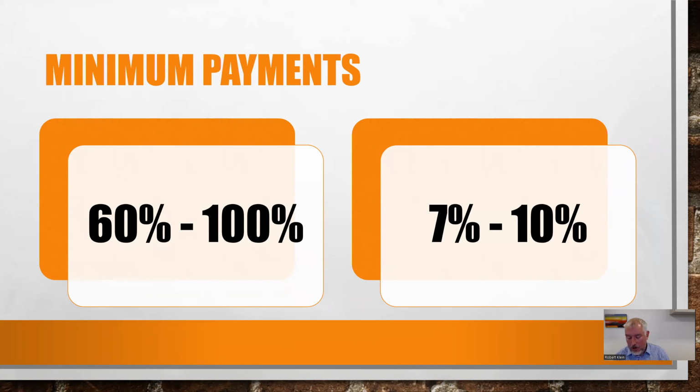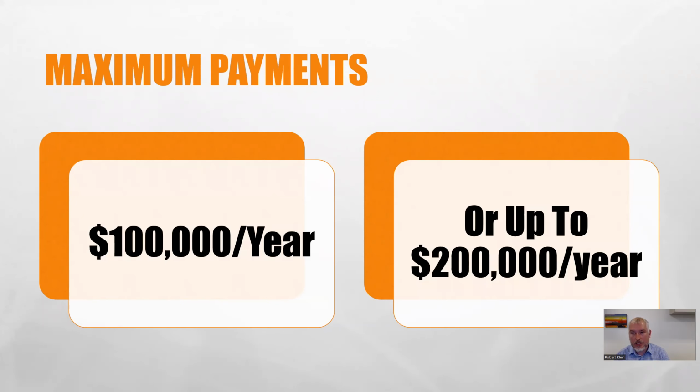How about maximum payments? I find a lot of people actually own multiple whole life contracts where they don't need to. They can just originally own one with options of actually increasing the amount of premium that they could put into the contract. So for example, putting $100,000 a year in generally locks up that contract at $100,000.